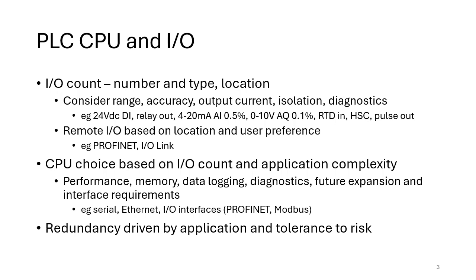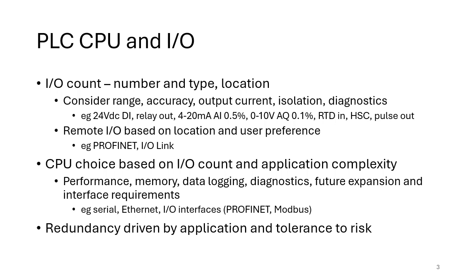So for example, for a simple discrete input, we might use a 24-volt DC module. For outputs, we might use a 24-volt DC output using transistors, or maybe a relay output. For analog inputs, we might use 4 to 20 milliamps, and then we might be concerned with the accuracy. Maybe 0.5% is fine, but we might want to go to 0.1%.